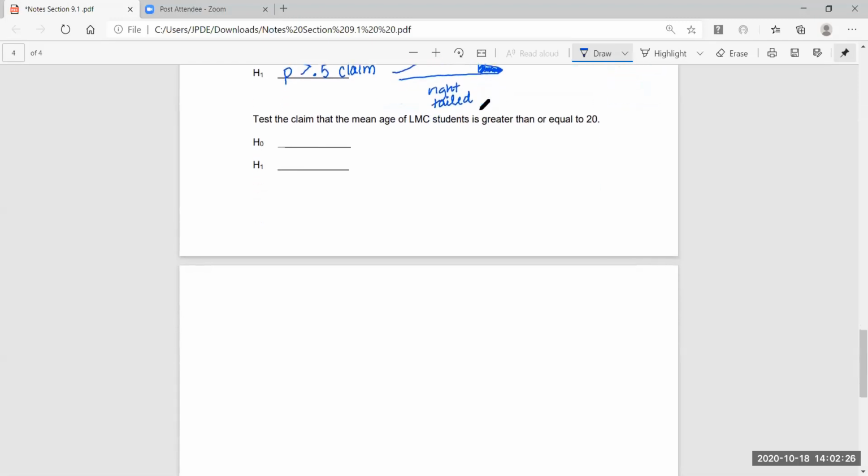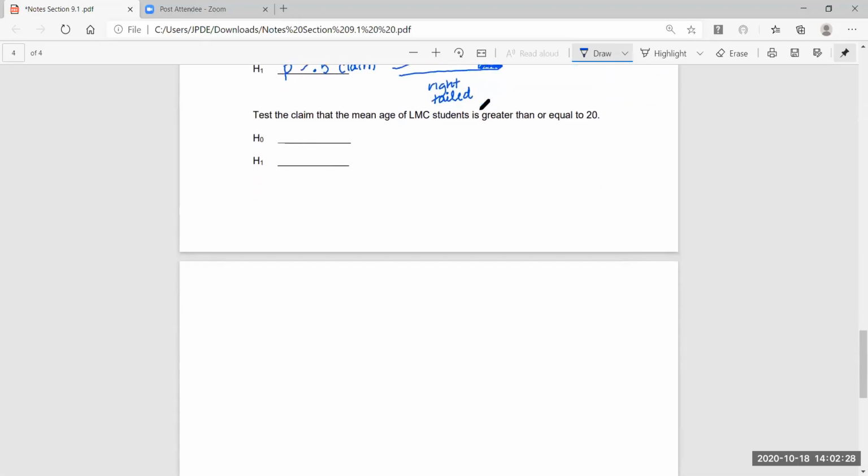All right, last one. Test the claim that the mean age of LMC students is greater than or equal to 20. Mean, I think you see that, there's our mu, greater than or equal to 20. It has an equal in there, so it goes in the null hypothesis, and this is our claim.